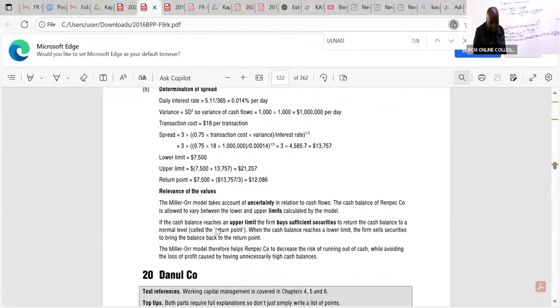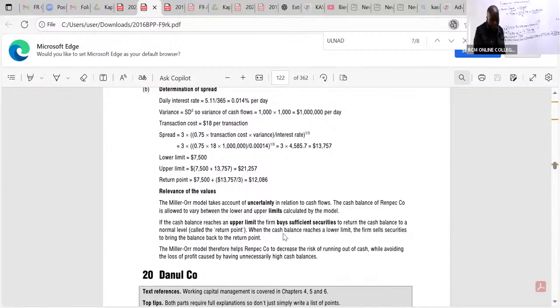If the cash balance reaches the upper limit, yeah, when you realize that the cash that you have is really very high, what do you do? You buy shares, you buy securities to reduce your cash balance. So at the upper limit, the firm buys sufficient securities to return the cash balance to a normal level called the return point. And when the cash is depleted, when you realize your cash is really being depleted in the company up to the lower limit, then you sell the shares.